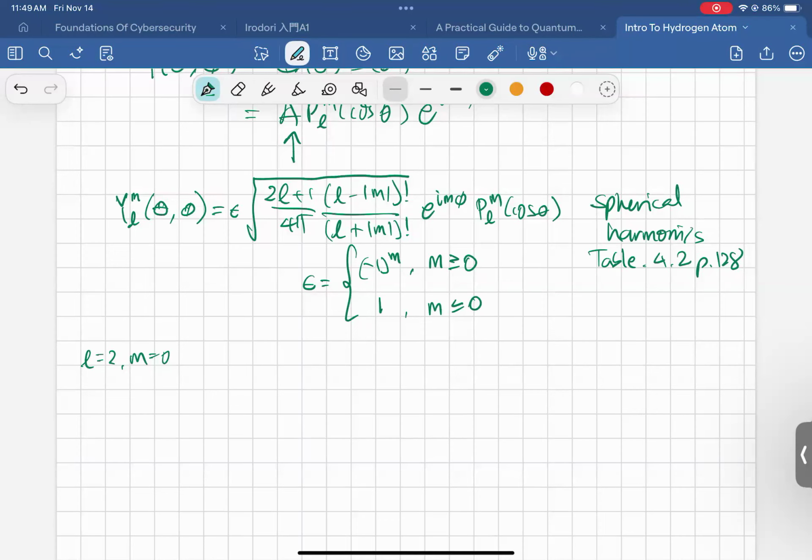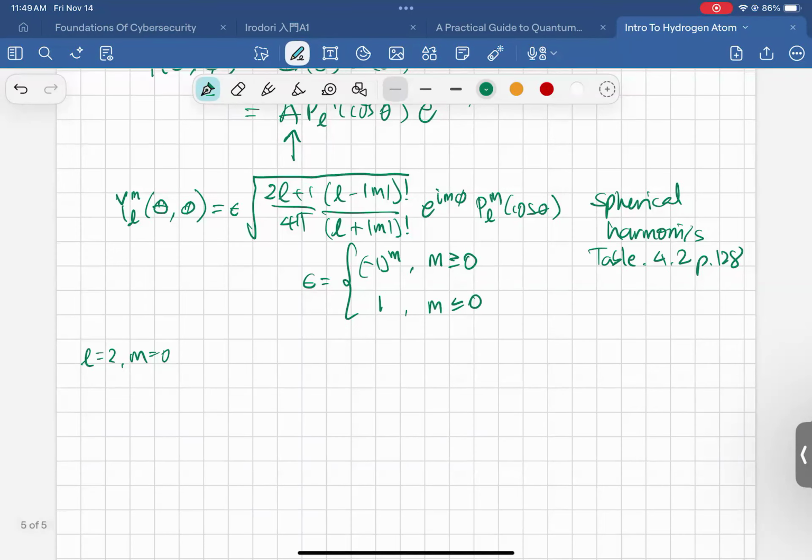Okay, so, and then yung square root is, ang mangyayari dyan is 2 times L. So 2 times L is 4 plus 1, 5. So 5 over 4 pi. And then L minus M is 0. So L factorial. 2 factorial is 2. And then L plus M is 0. So that's also 2 factorial. So magka-cancel lang yan.